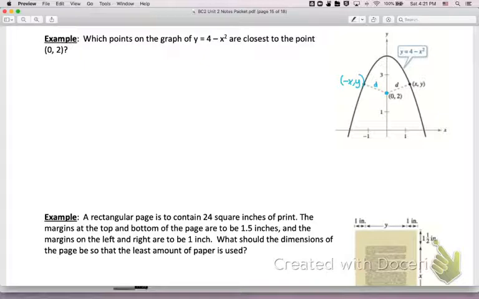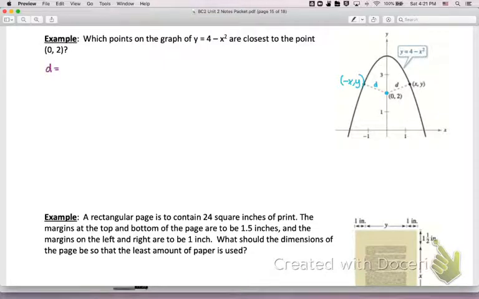So the question is, for our primary equation, what are we trying to maximize or minimize? We want to get closest to the point, which means we want to minimize the distance. So our primary equation in this case will be the distance, and for that, we can use the distance formula.